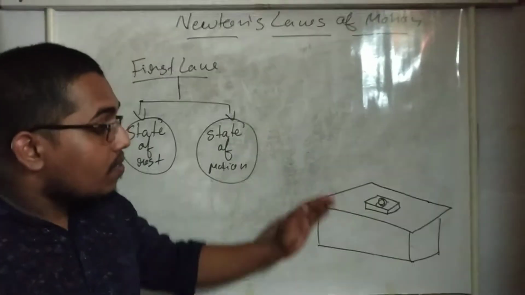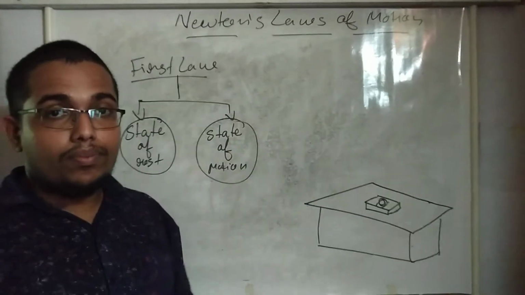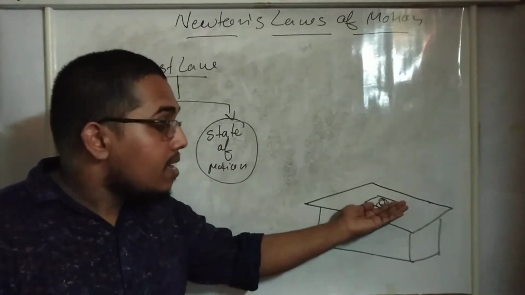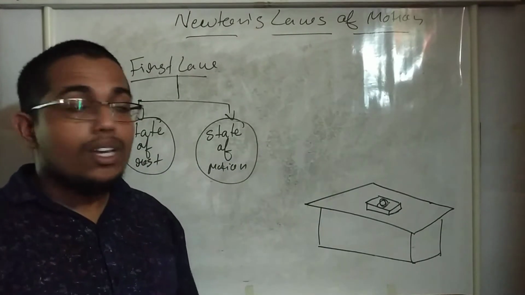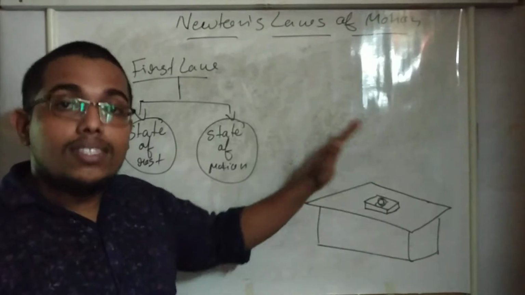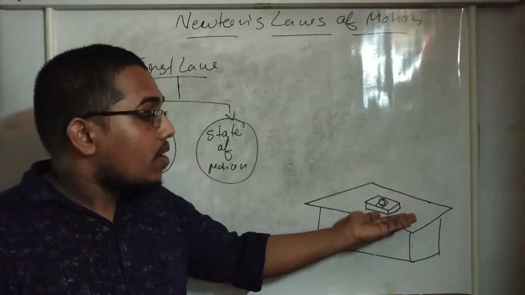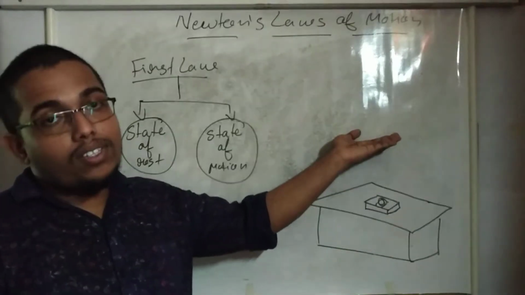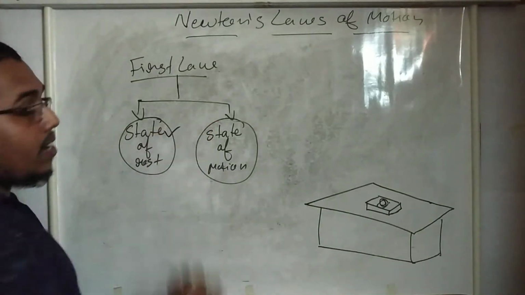For example, I am lifting this notebook, which means I applied a certain amount of force to the system. As a result, the notebook lifted up. So force is applied and that applied force is unbalanced force. So a change in state of rest occurs there. That is about the state of rest.